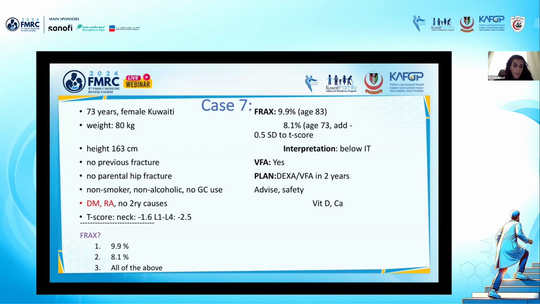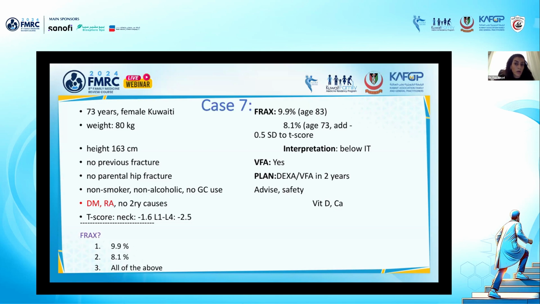The other way of correcting for diabetes is that you add negative 0.5 to the T-score. So the patient is 73 years old, you ticked yes for rheumatoid arthritis, and you added negative 0.5 to the final T-score. So your new T-score is negative 2.1. And by that, you will get an 8.1 FRAX, final FRAX. In either way, you will get a FRAX of below intervention threshold.